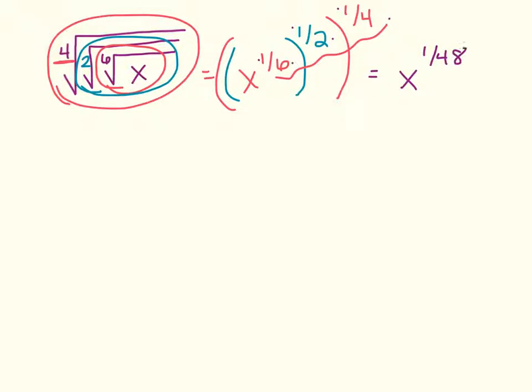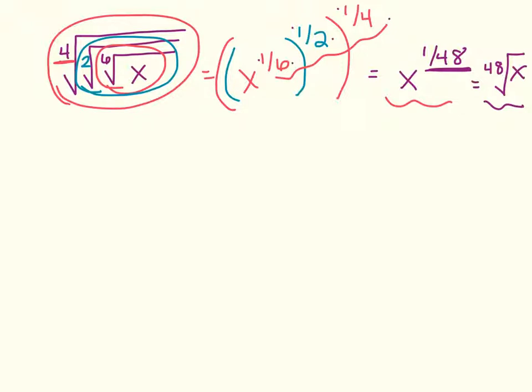So this would be x to the power of 1/48. Again, if your directions said to write it in a rational exponent, that's what this is. If they wanted you to write it back as a single radical, ask yourself, what root is this really? A power of 1/48 would be a 48th root of x. Sorry, ran a little short on space there, but that would be how you write it back as a radical.